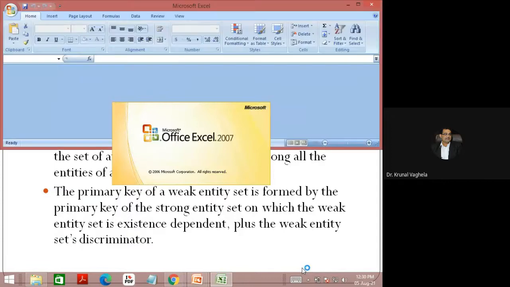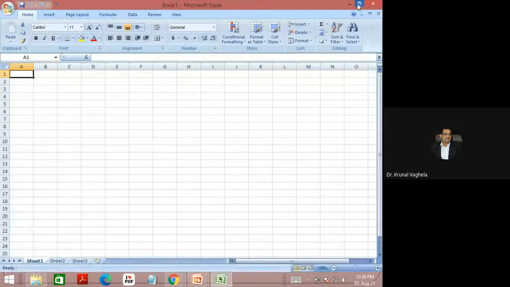why this is necessary. Consider there is a loan and people will pay the loan with some installments. Installment 1, installment 2, installment 3. When you borrow some money from the bank, you need to pay the money with the help of installments.